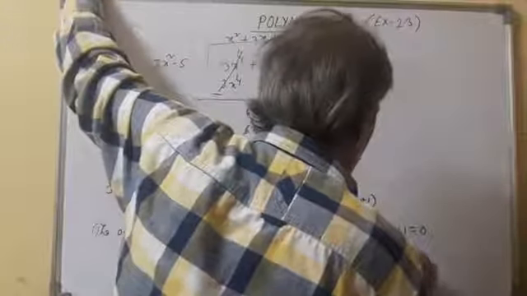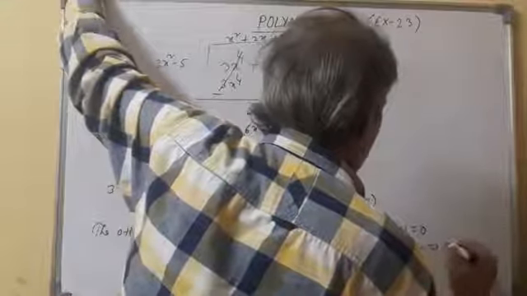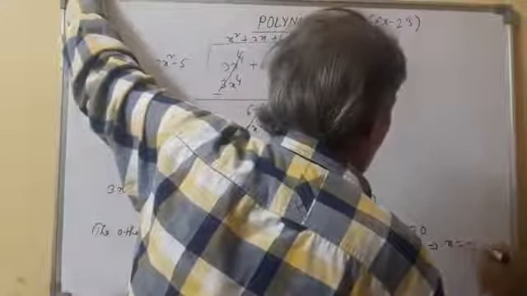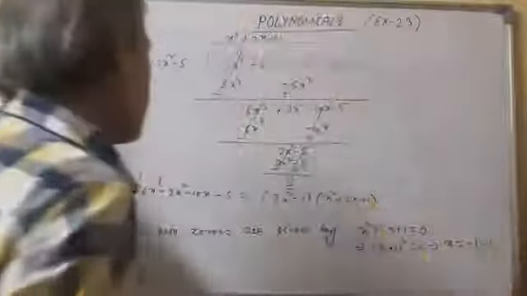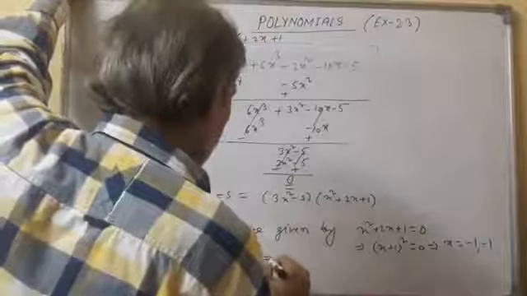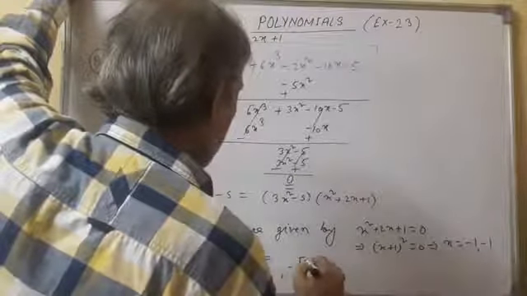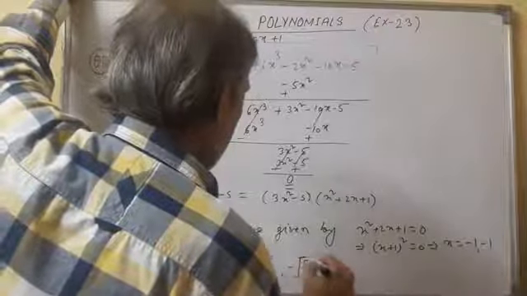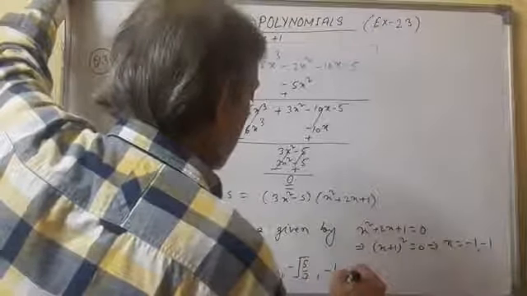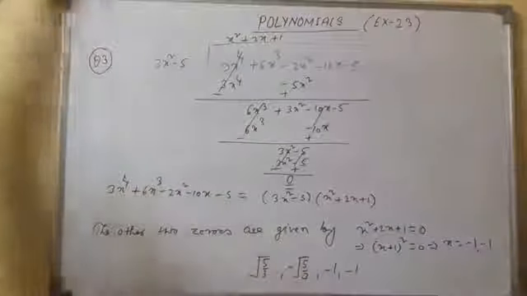So this implies (x + 1)^2 equals 0. This implies x equals -1, -1, and therefore we have 4 zeros. 2 were given, root 5 by 3, minus root 5 by 3, and we got 2 more, -1 and -1.